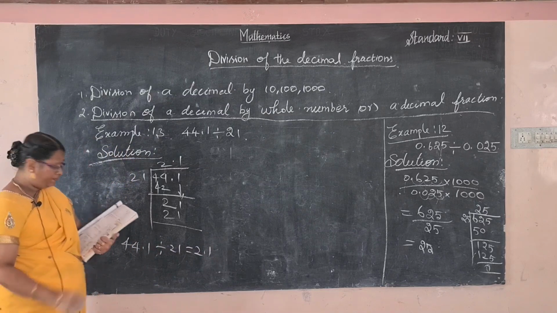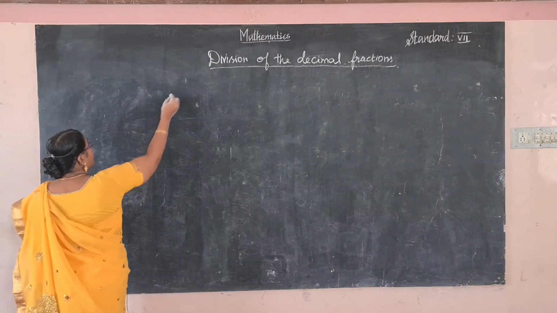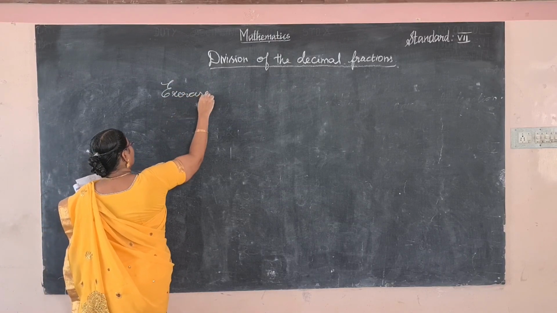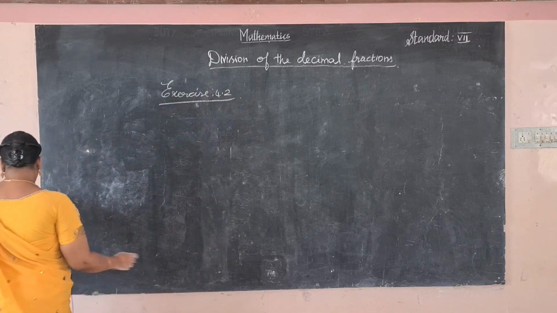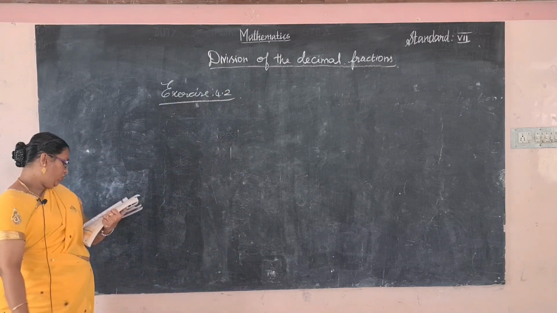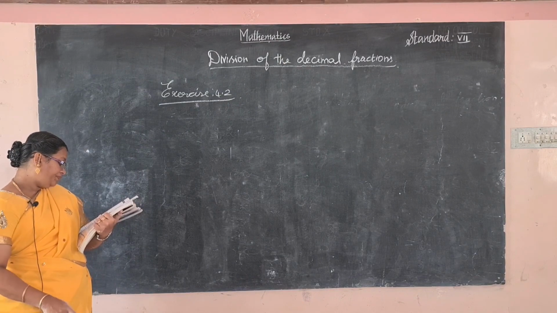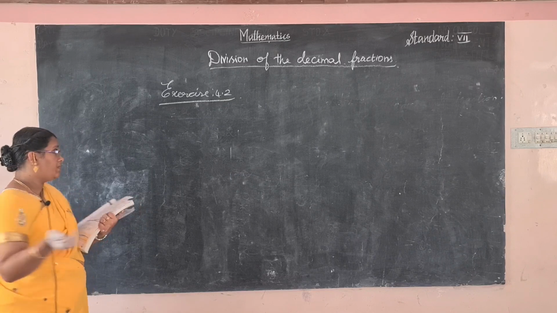That's it. Okay, now see exercise 4.2. The first one: divide the following, given in the first method. Okay, division of a decimal by tens, hundreds, thousands is given.